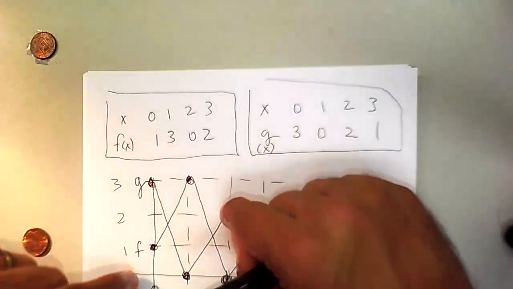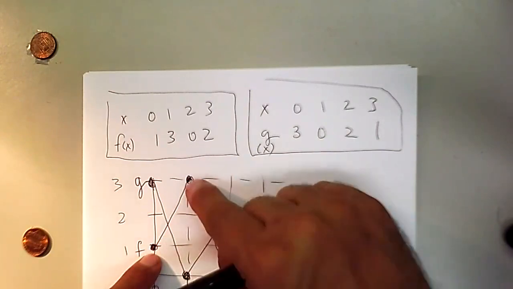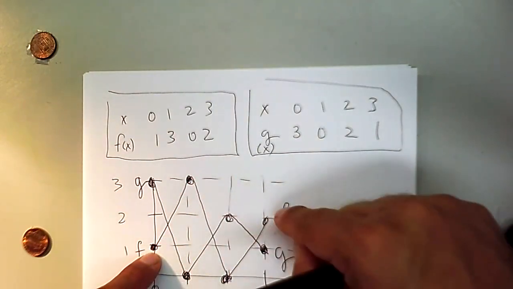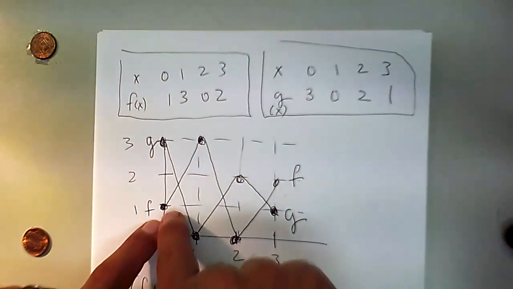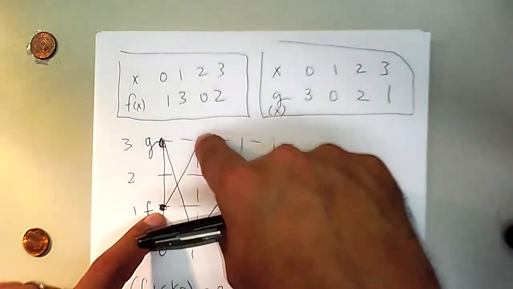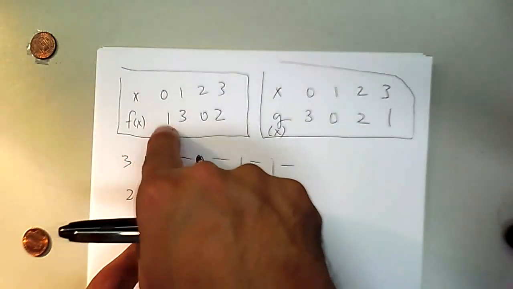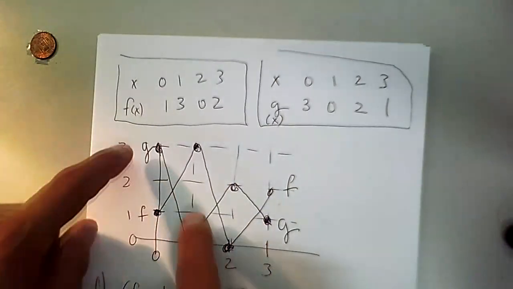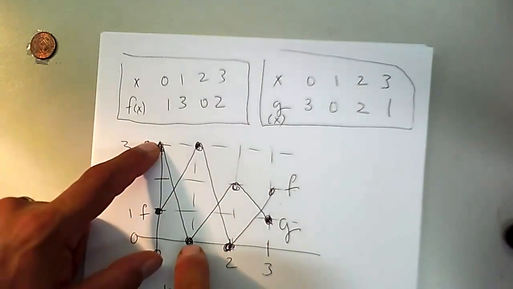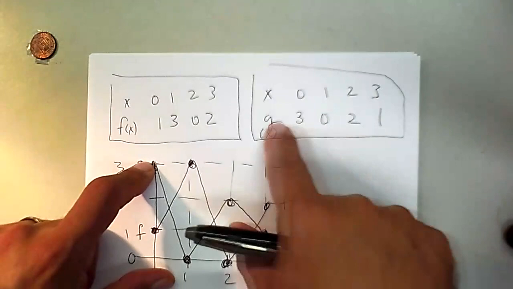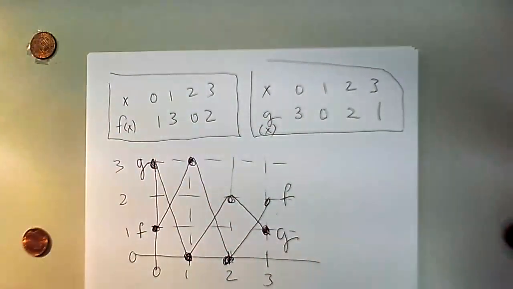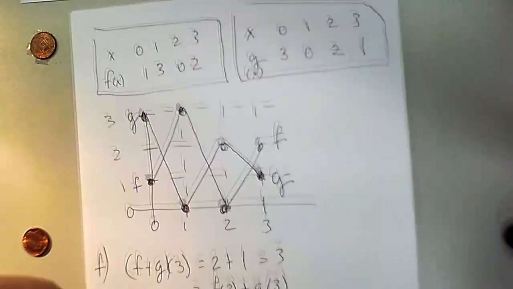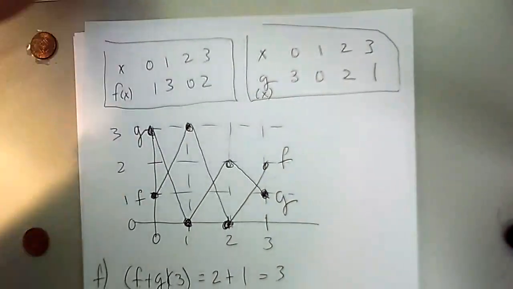So a student would say, okay, that is 1, 3, 0, 2. They just go and actually look at it, and they write it out. And then they do this using the table. Either way is fine.